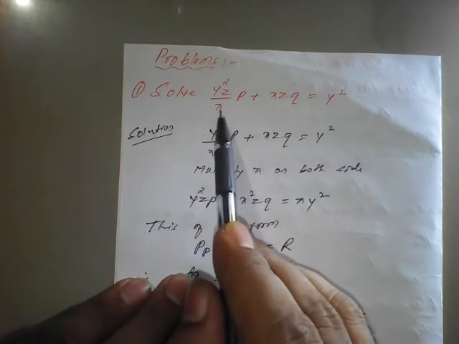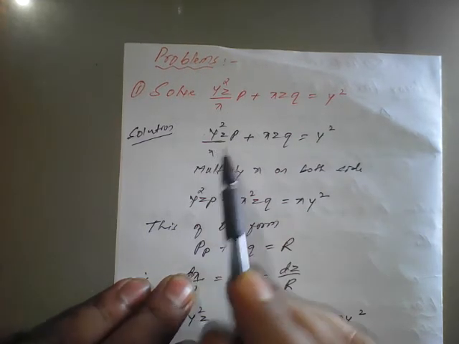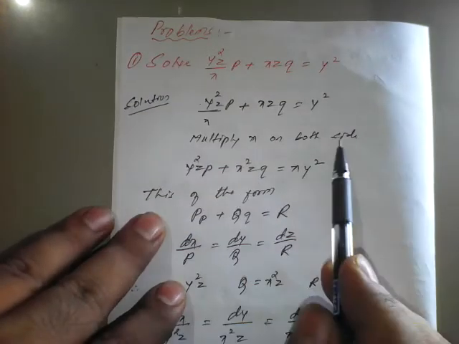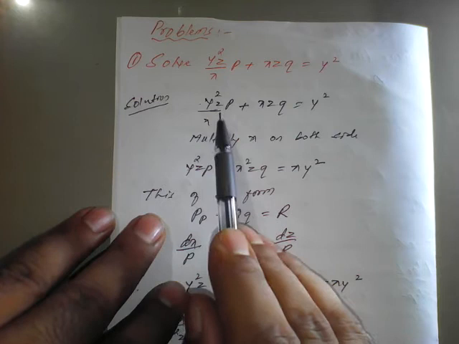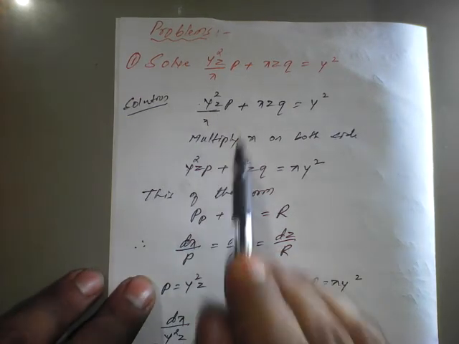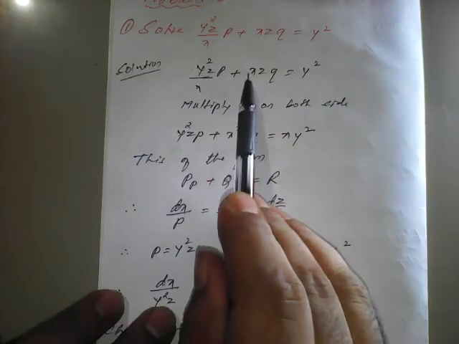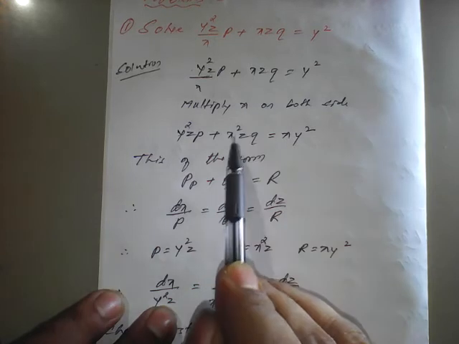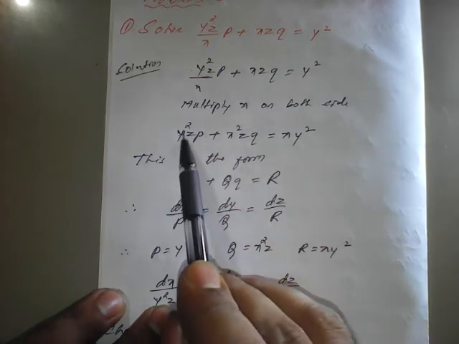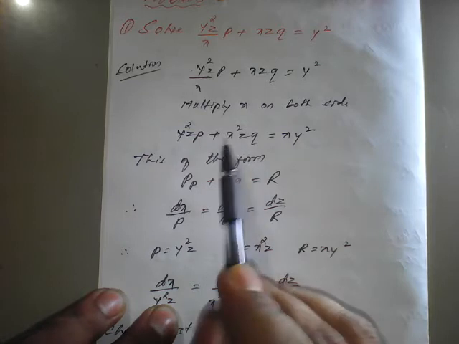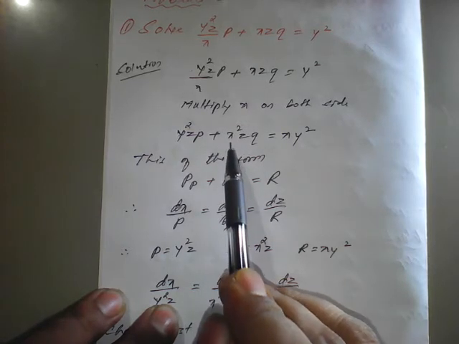I don't want this x here, so multiply x on both sides. The x cancels, and we get y square z p plus x square z q is equal to x y square. So we have made a reconstruction of the given linear Lagrange's equation.